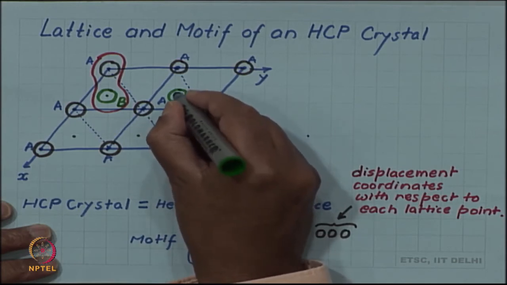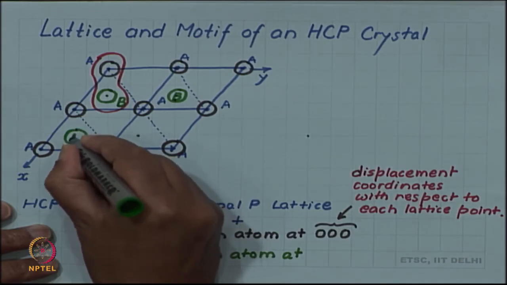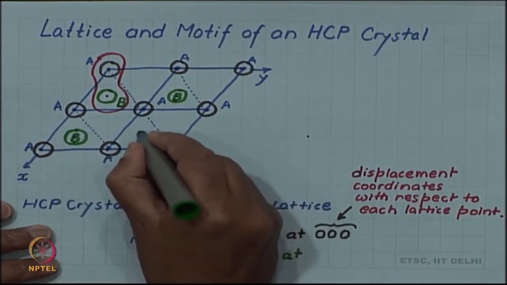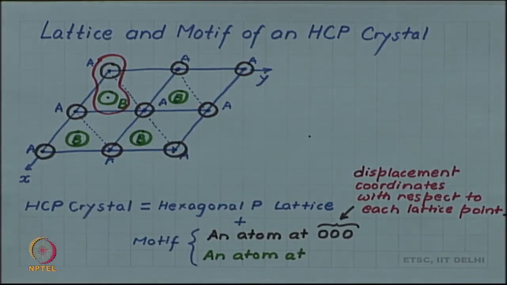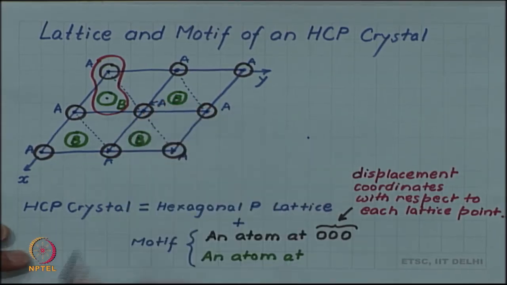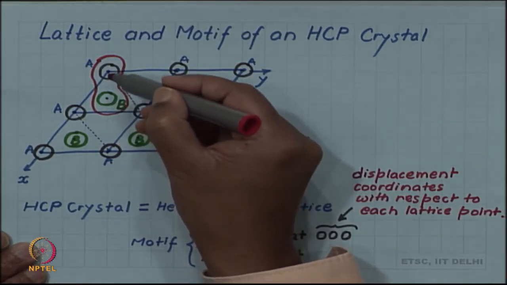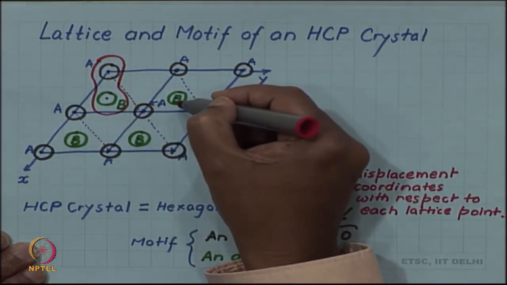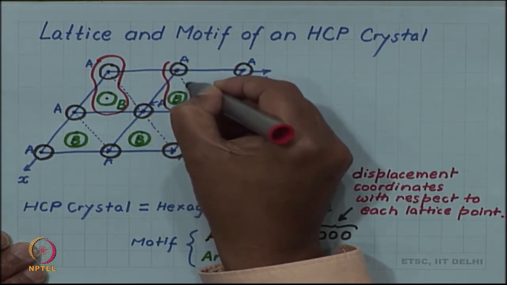So, I start filling all these B sites. This is a little confusing. So, let us put an arrow, this is this one. So, just like this B atom is associated with this lattice point, a corresponding B atom is associated with this lattice point. All lattice points have to be identical.